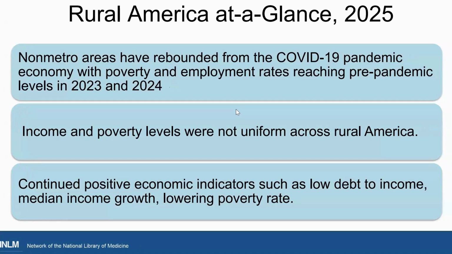This edition offers aggregate and county level statistical analysis of population change and indicators of economic well-being for non-metro areas, including employment, income, and poverty.